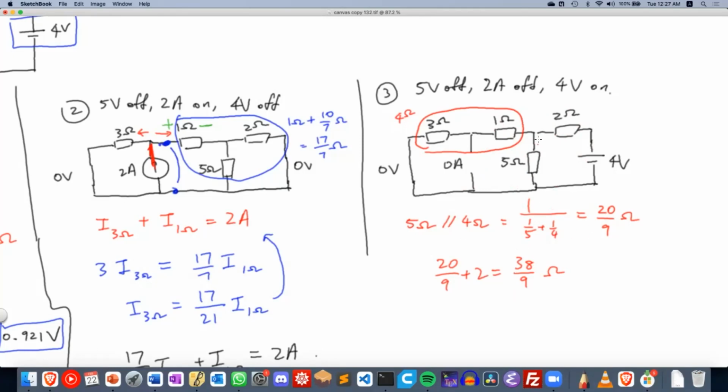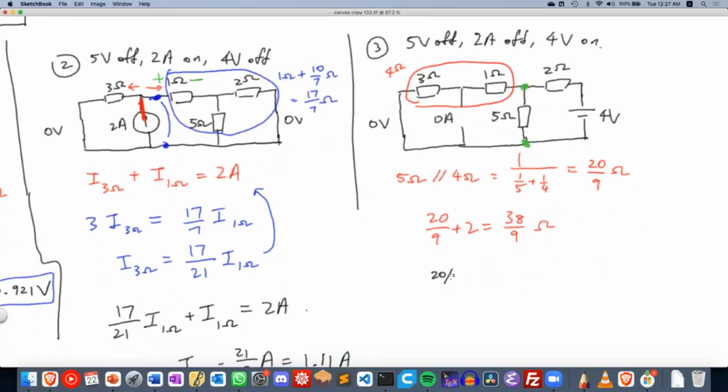So in order to find the PD across these two parts, we need to take the effective resistance of the 3, 1, and 5 over the total resistance, multiplied by 4.